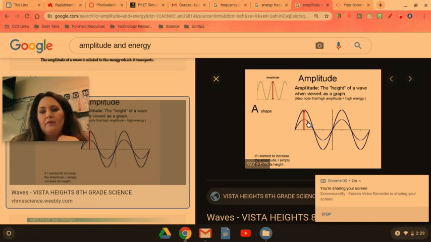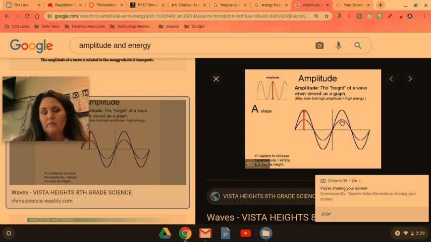Look at this second wave, the shorter wave. It has a low amplitude. It has low energy. Both of these waves have the same wavelength. They have the same frequency, but the energy is different. So you can have the same frequency but different amplitude or different energy.